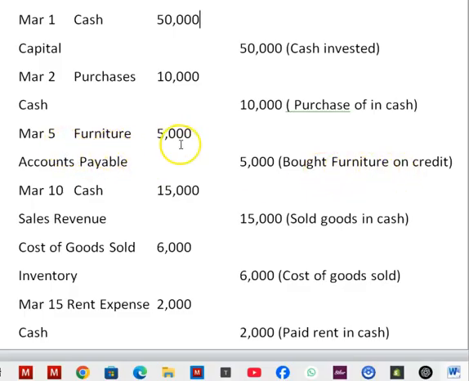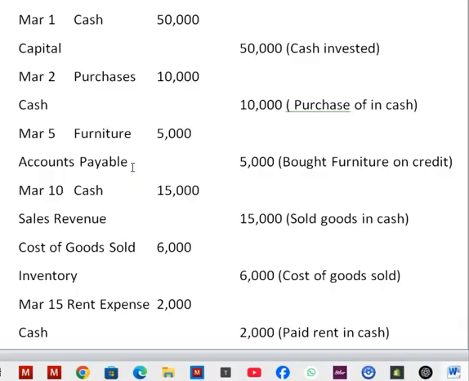Now the business owner bought furniture on credit to the tune of 5,000 naira.